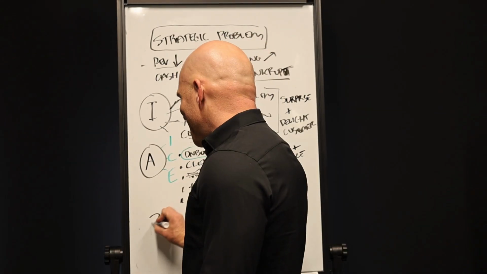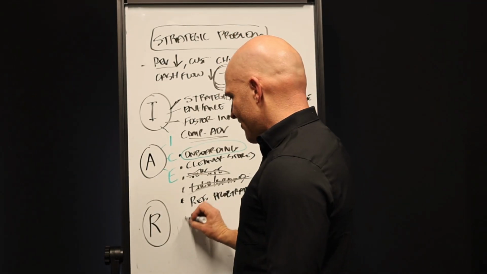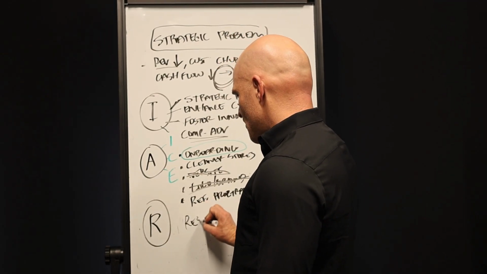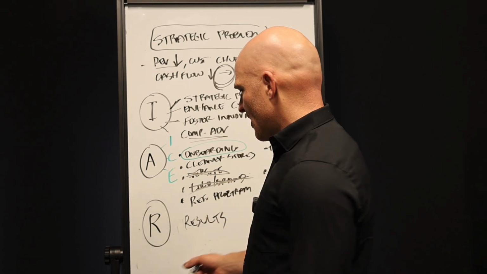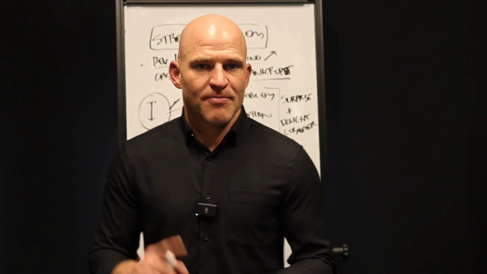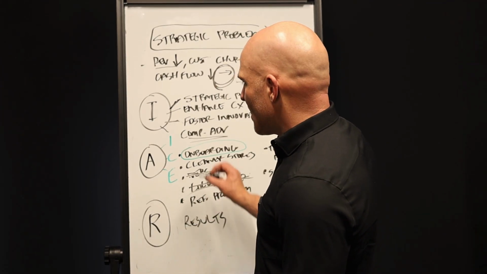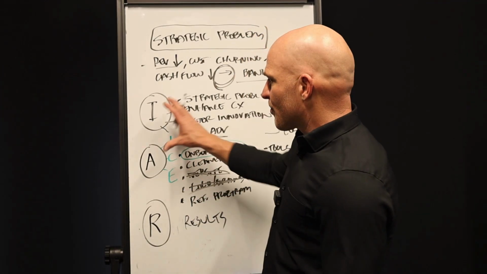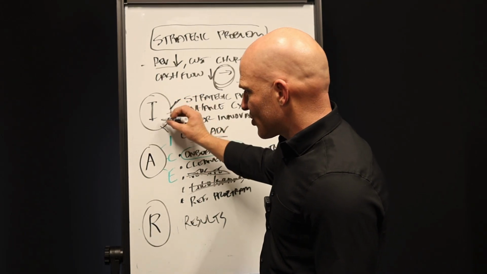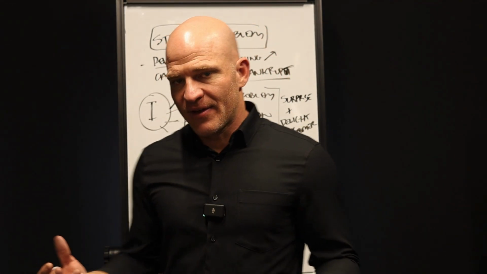Okay. Now let's go to the last one, which is the R. This stands for results. And you can call these KPIs, metrics, measures, whatever you want to do. They're all the same thing, but ultimately you want to measure your progress of your initiatives and your actions to determine whether or not you're actually creating value.